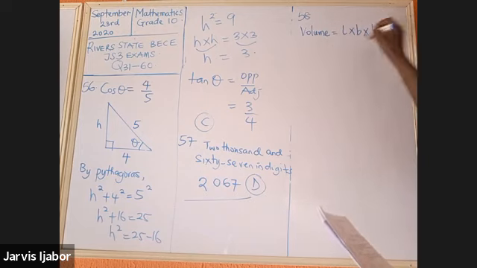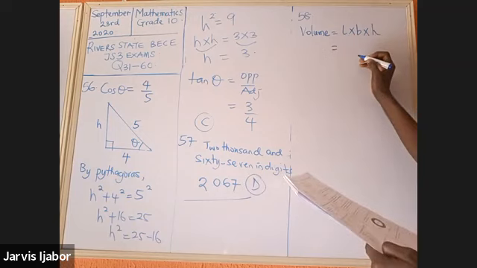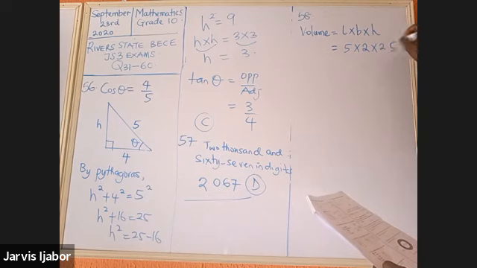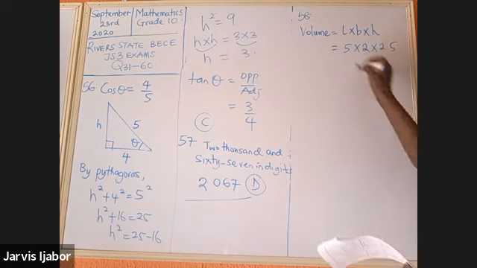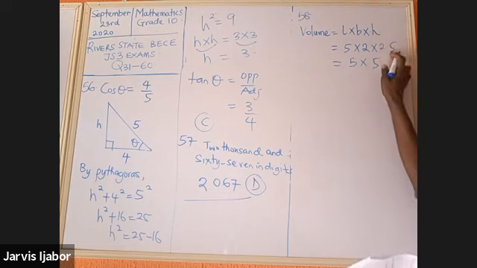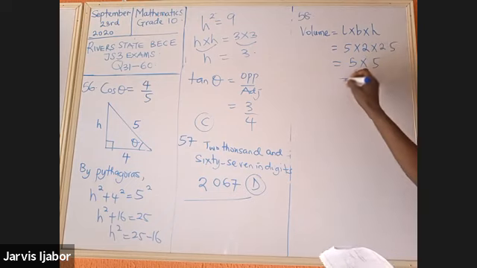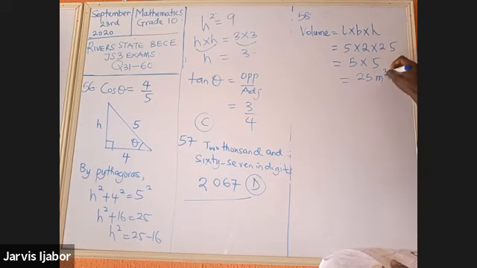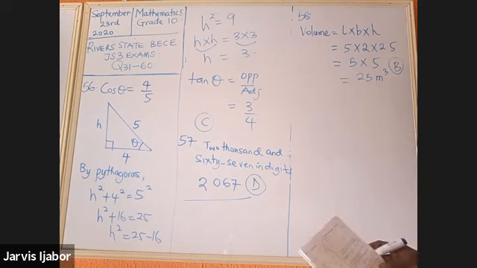Volume is length times breadth times height. Here you are given 3 dimensions. 5 times 2 times 2.5. So we know that this will be 5 times 5. 2.5 times 2 is 5. And this answer will be 25 what? Meter cube. That answer will be what? B.